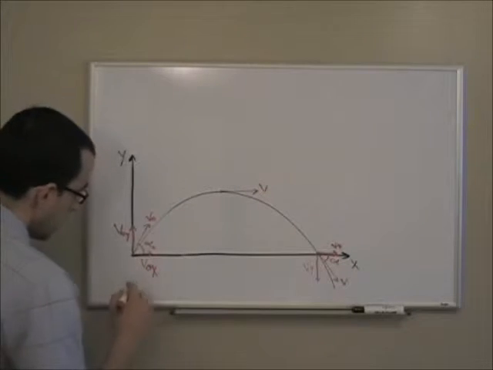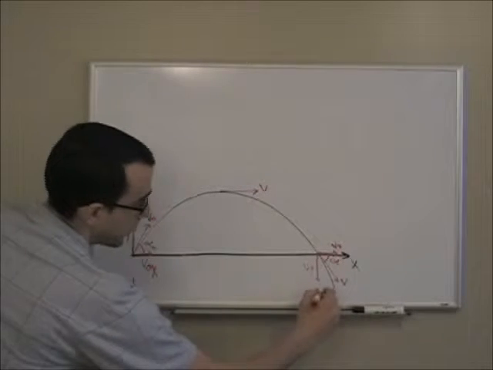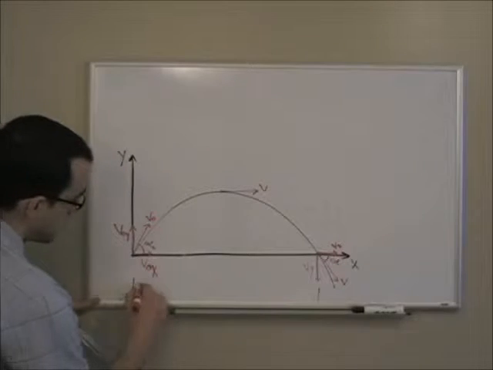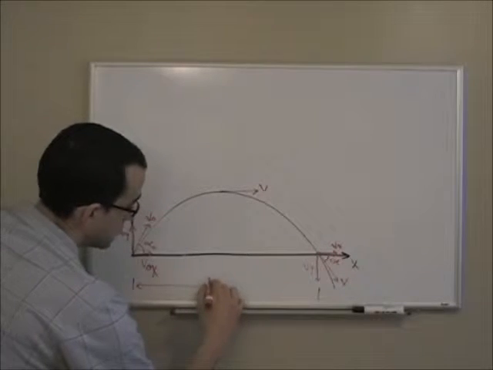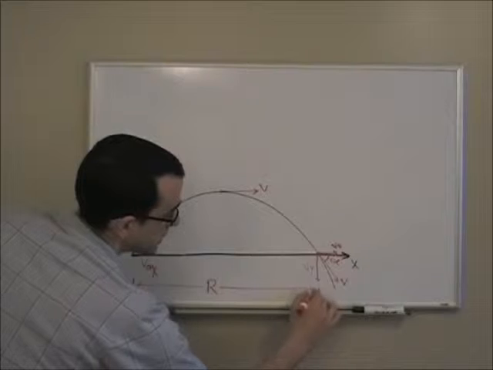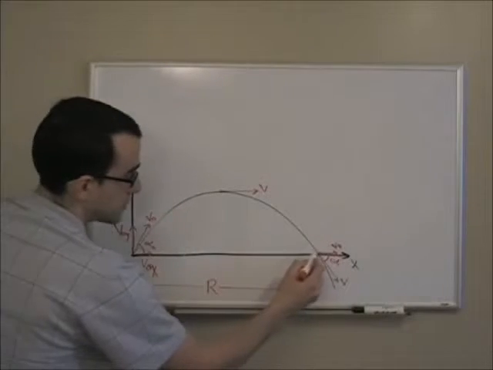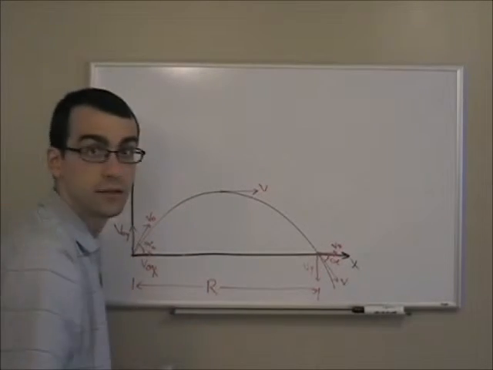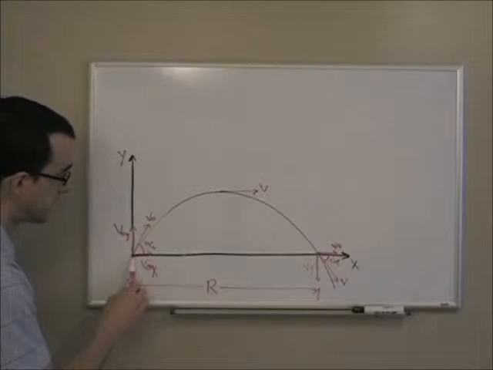Now, we call this distance right here the range. And the range is just how far the object has traveled before it hits the ground again, or before it reaches its original height that it started from.